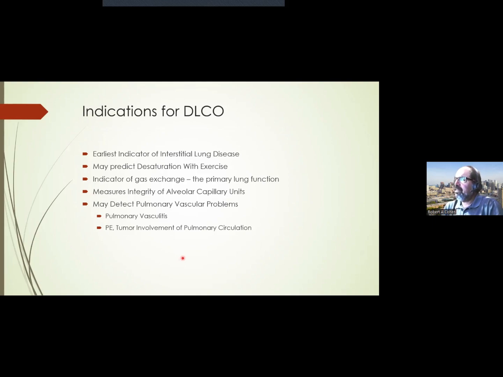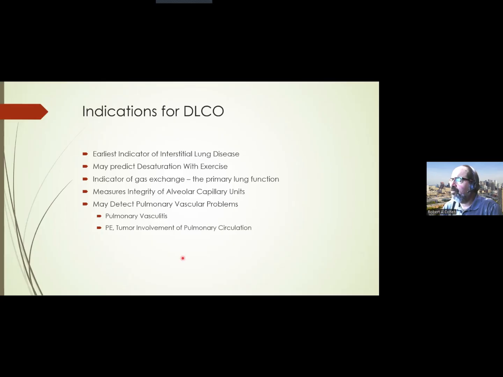So the DLCO is a test that has been used for many decades in pulmonary medicine for taking care of patients who clinically present with interstitial lung disease. It's a really important predictor of gas exchange abnormalities with exercise, and I'll show you from the work we just did recently how helpful that can be.